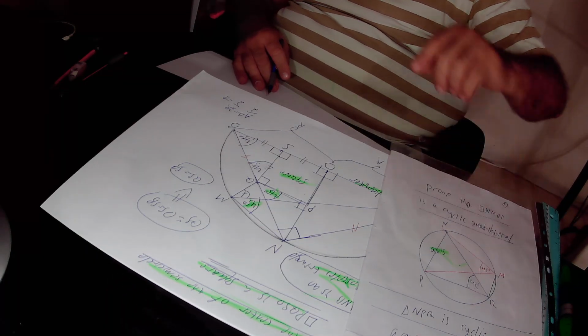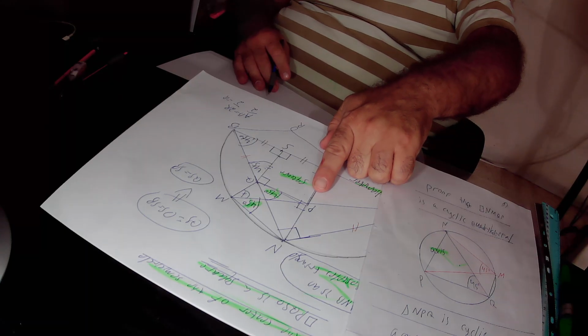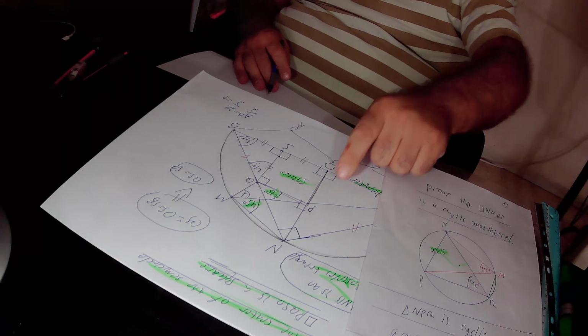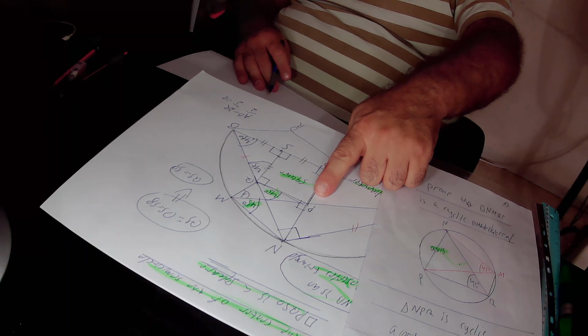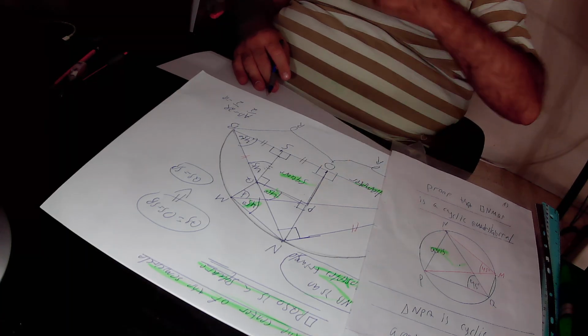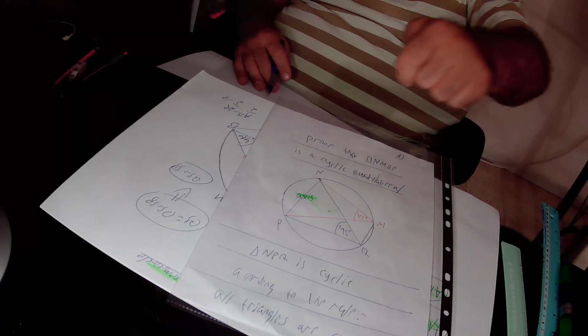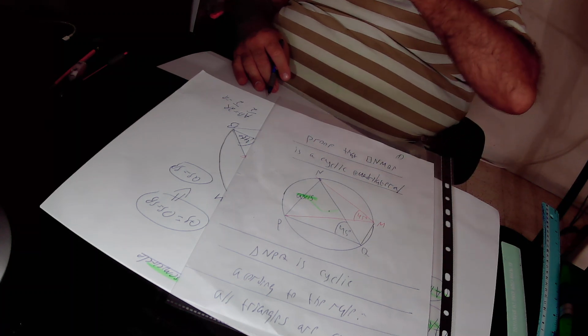The question is if the fourth vertex M of quadrilateral MNQP will also touch the circle. If we prove that point M, that is the vertex, also touches the circle or is on the circle, it means that quadrilateral MNQP is a cyclic quadrilateral.